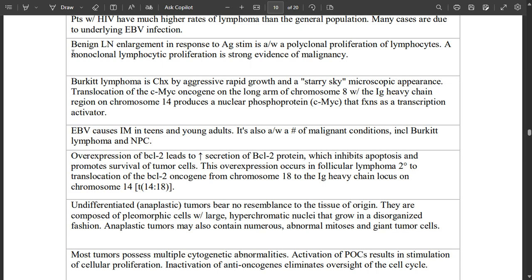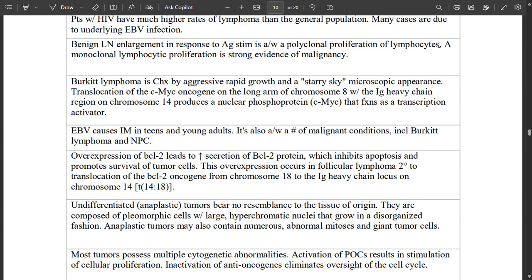It's a bit difficult to understand. So see, benign lymph node enlargement: lymph nodes are enlarging because of antigen stimulation, for example, virus infection. It causes benign enlargement of the lymph nodes and is associated with polyclonal proliferation of lymphocytes.